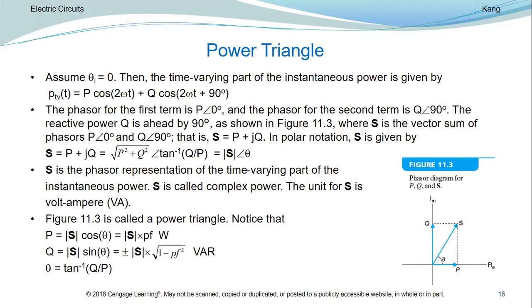The next is the power triangle. The power triangle is a triangle which is used to find the magnitude and the direction. Let us assume theta I will be equal to theta. Then the time varying part will be P TV equals P cos 2 omega t plus Q cos 2 omega t plus 90 degree.